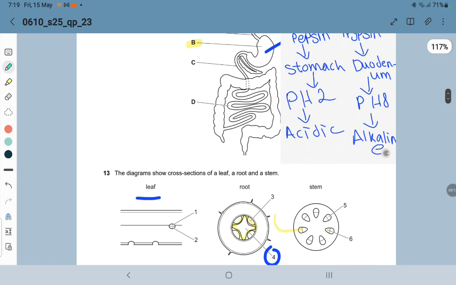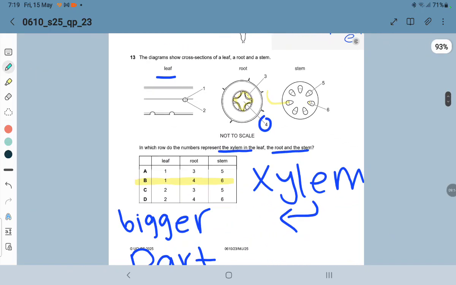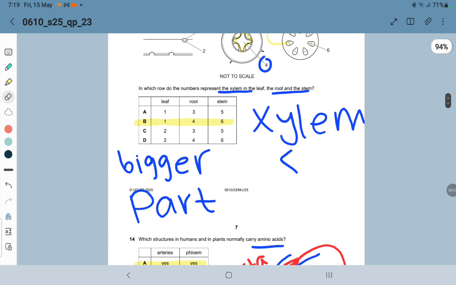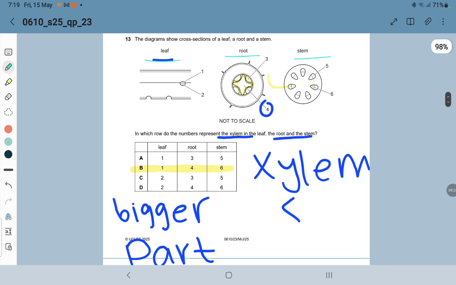Okay, now let us move to the next part. Question 13. The diagram shows cross sections of a leaf, a root and a stem, and it's telling you which one shows the xylem. I told you before that the xylem is non-living tissue. In order to solve this question, you need to memorize the drawing.